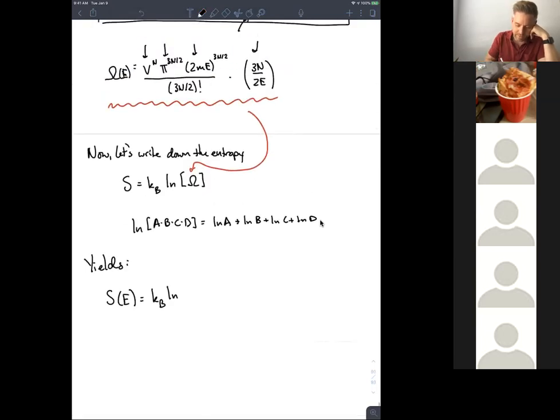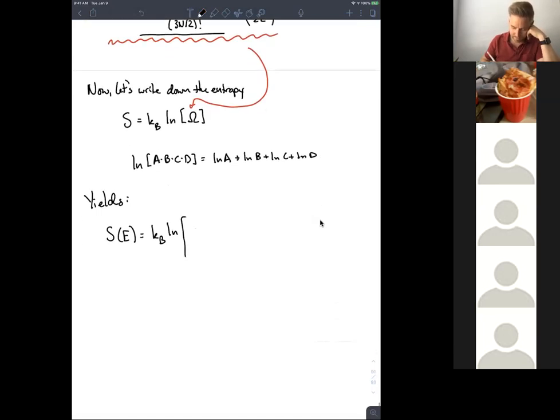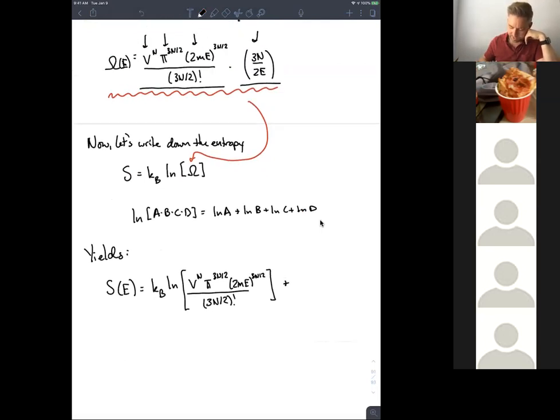Okay, and I'm going to take this part, so I get V to the n, pi to the 3n over 2 times 2mE to the 3n over 2, divided by 3n over 2 factorial, plus this part.